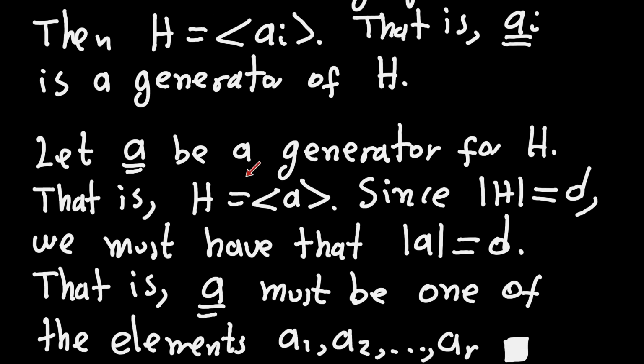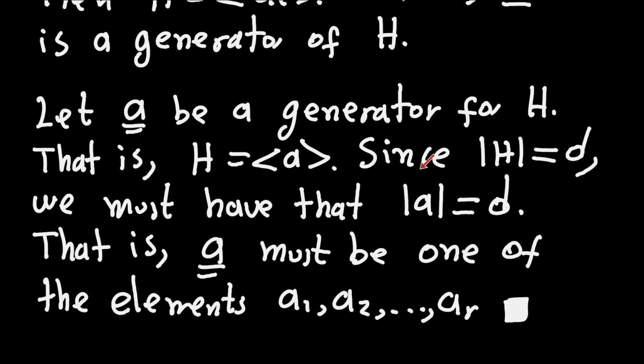Okay, so let's take a generator a of H. What that means is that all the powers of a will give me the whole subgroup H. Now, I know that H has order D. That's exactly what we are saying. H is the only subgroup of G that has order D. So we must have that the order of a has to be D, because the order of the subgroup has to be the same as the order of the generator.